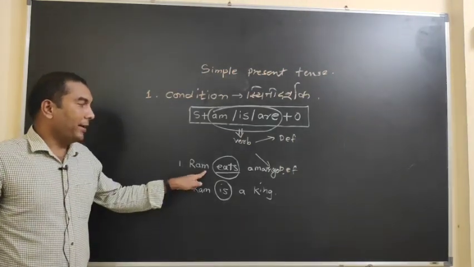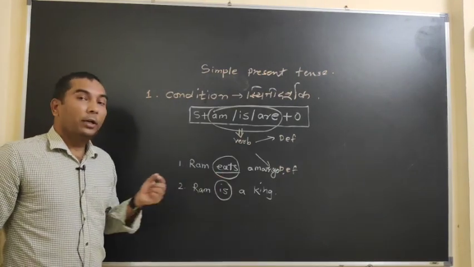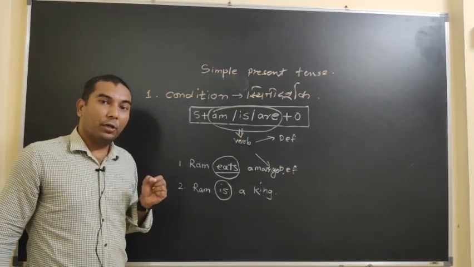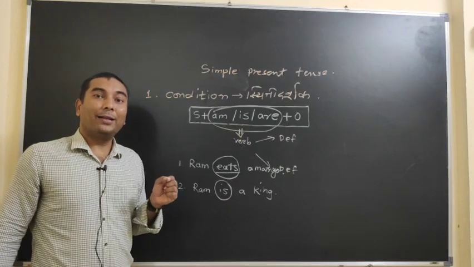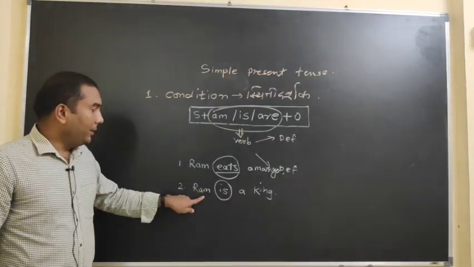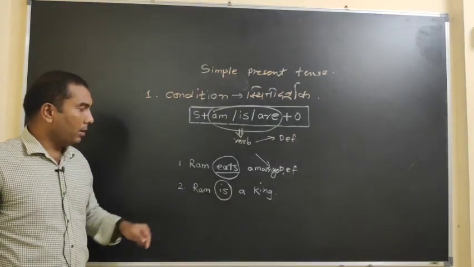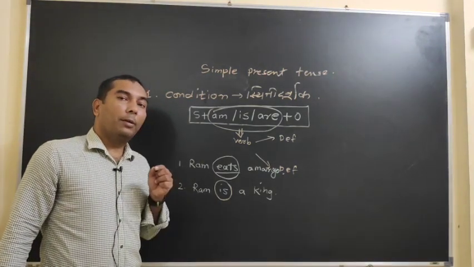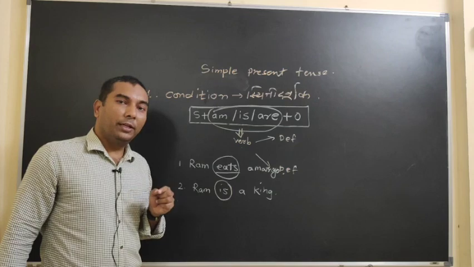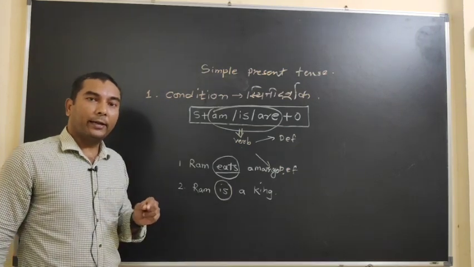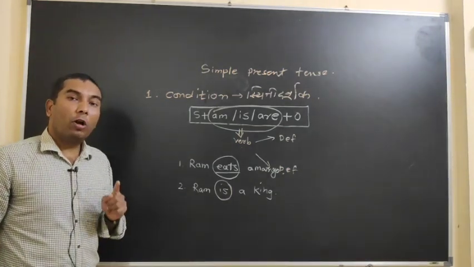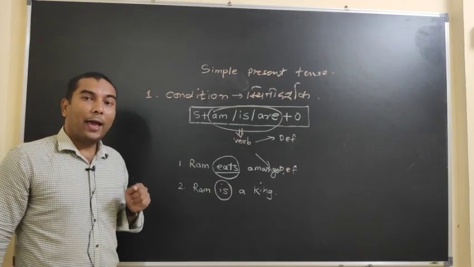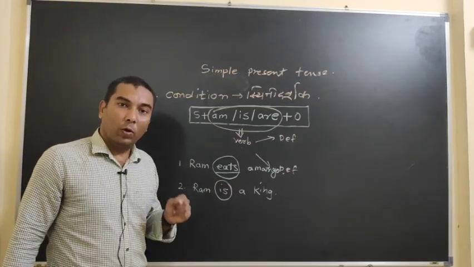In the first sentence, it is denoting the action which is done by Ram. But here in the second example we can say that it is completing the meaning of the sentence, but it is not used here as an action denoting word.